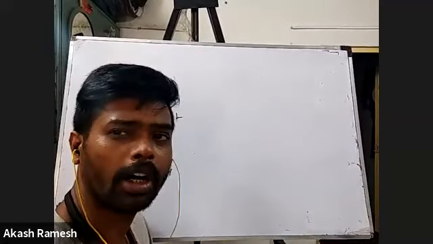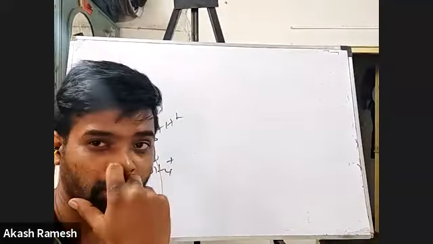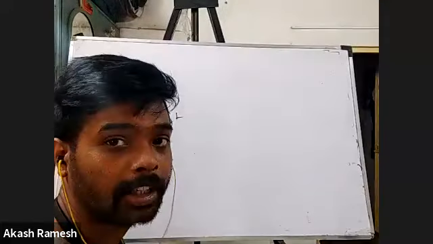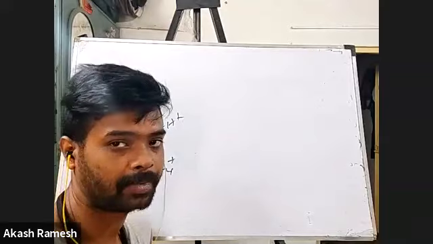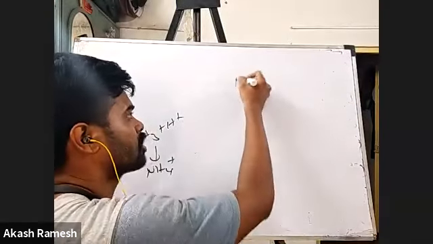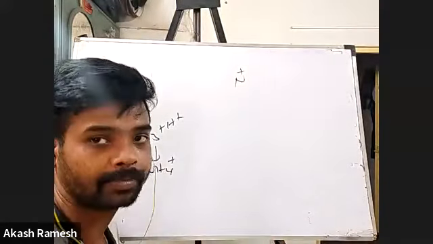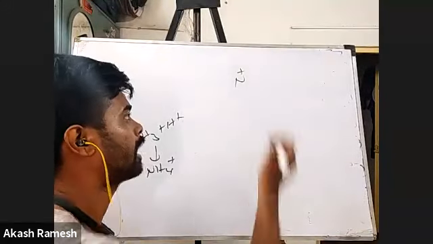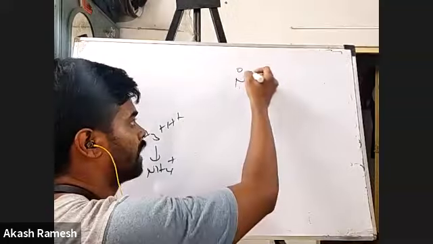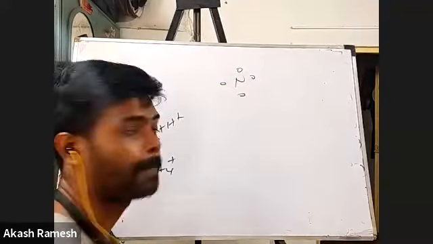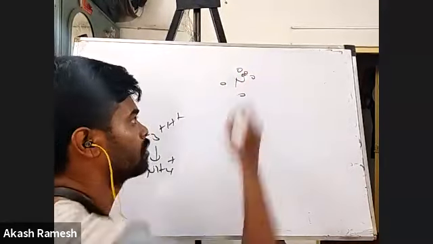So we will draw two Lewis dot structures. One for nitrogen having the positive charge, and other for hydrogen having the positive charge. Now nitrogen having the positive charge is very easy, isn't it? So I know I'm going to have four electrons in the valence shell, 1, 2, 3, 4, with the positive charge on nitrogen.